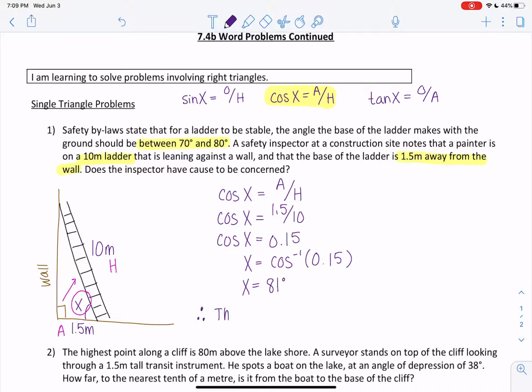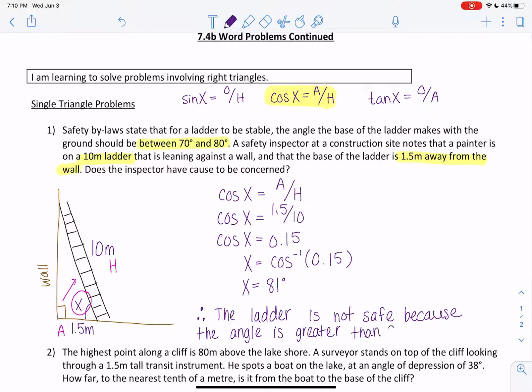Therefore, the ladder is not safe because the angle is greater than 80 degrees. So that's our first example.